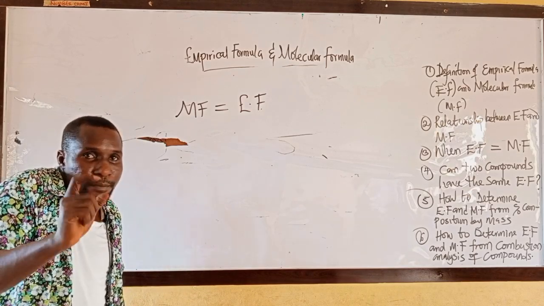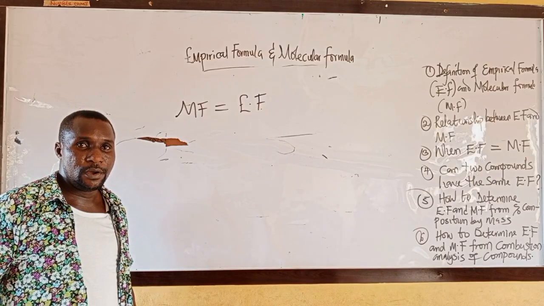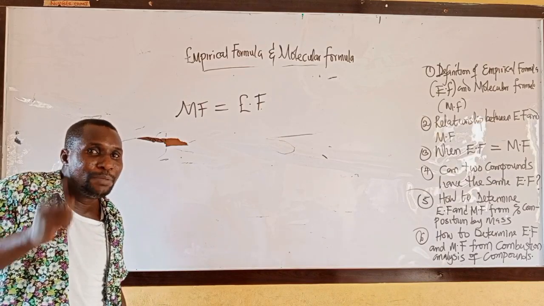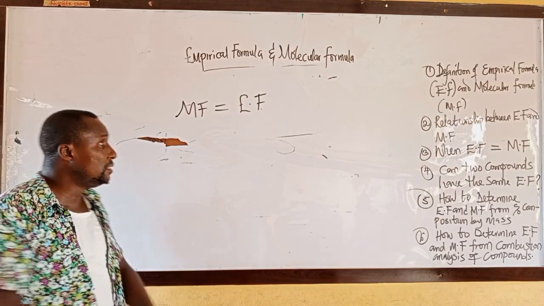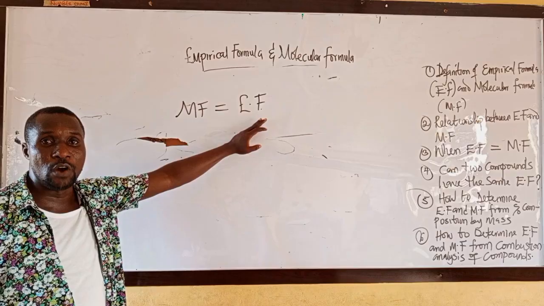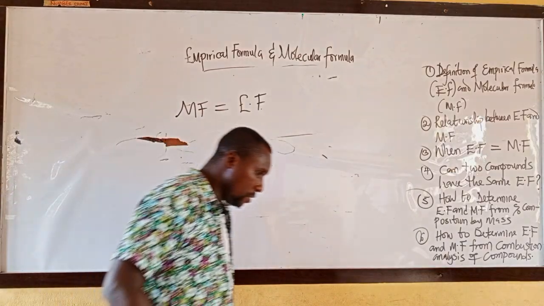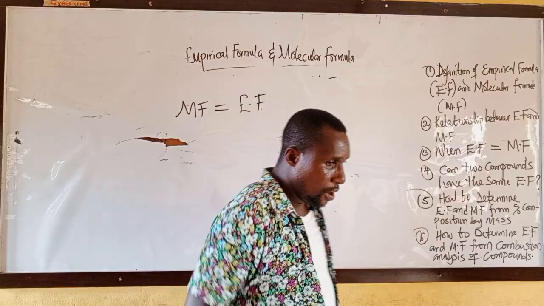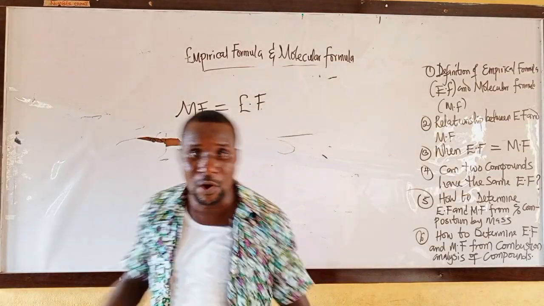If a molecule of a compound cannot be simplified any further, that means empirical formula will be equal to molecular formula.